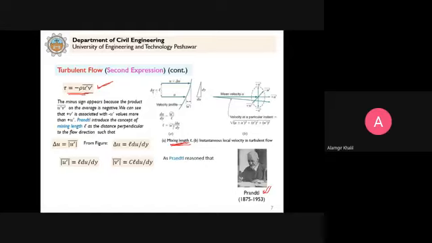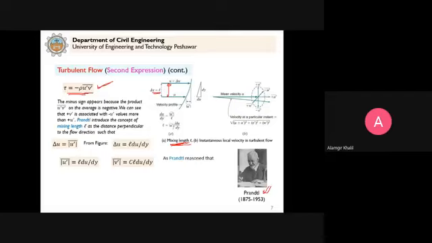It is that distance, you can see here, that a fluid from one layer will move into another layer so that the momentum transfer takes place. As we already discussed, there is a momentum transfer between the two layers. Either the fluid particle moves from the lower layer to the upper layer or from the upper layer to the lower layer. So it is that distance in which this momentum transfer between the two layers will occur.